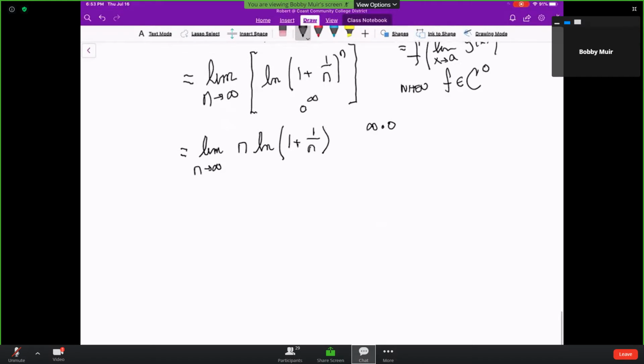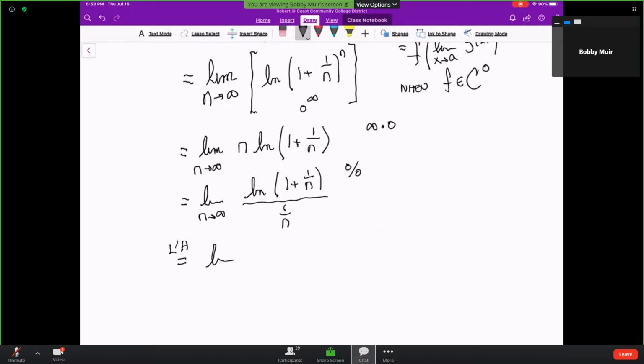That's still fishy. So it's the limit as n goes off to infinity of the natural log of 1 plus 1 over n, and I'll move the n into 1 over n on the bottom. Now I get 0 over 0, so I can L'Hopital this thing. And for you new people, anytime I L'Hopital something, I write it over the equal sign.